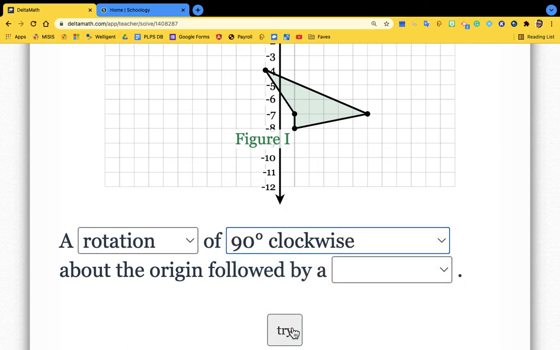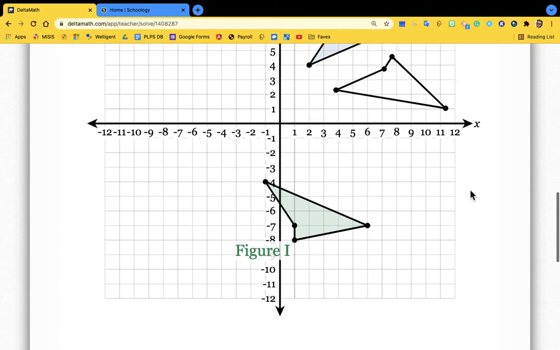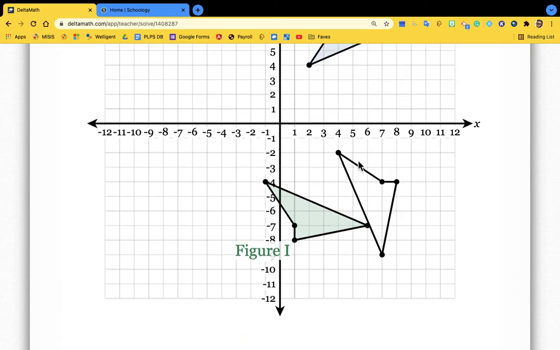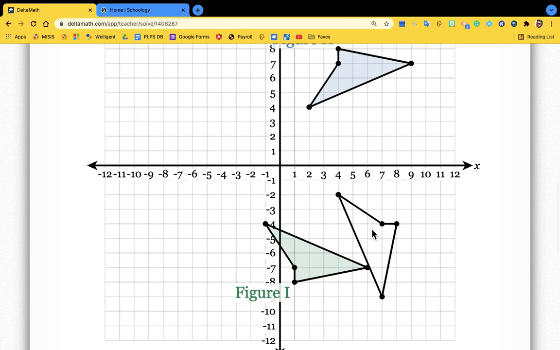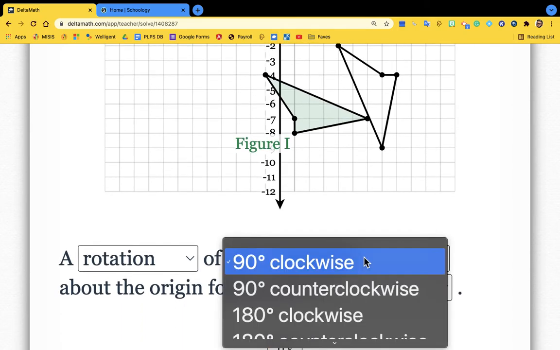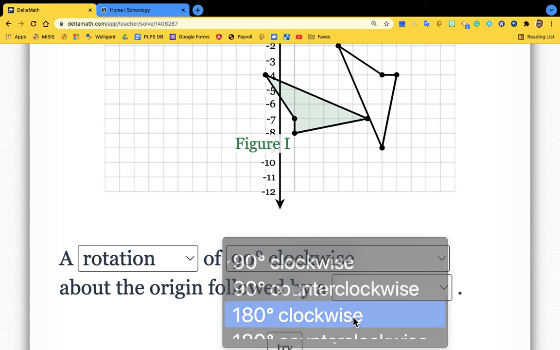Let me try and see what happens. Before I choose the second transformation, I always try the first. So, ooh, that does not look right. Look at that, the bottom of the shape is supposed to be here. That does not look right at all. Let me try 180 degrees clockwise.